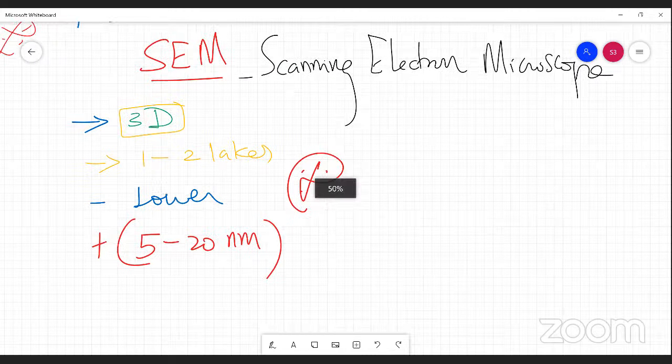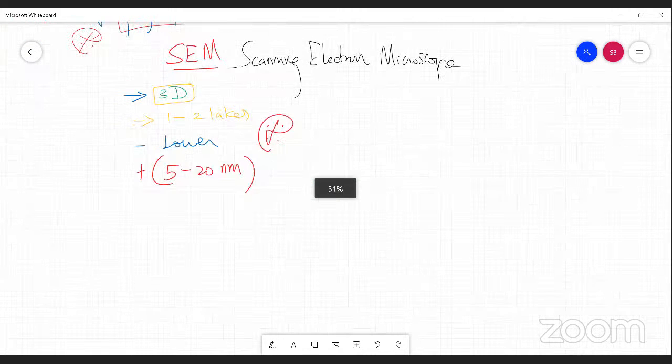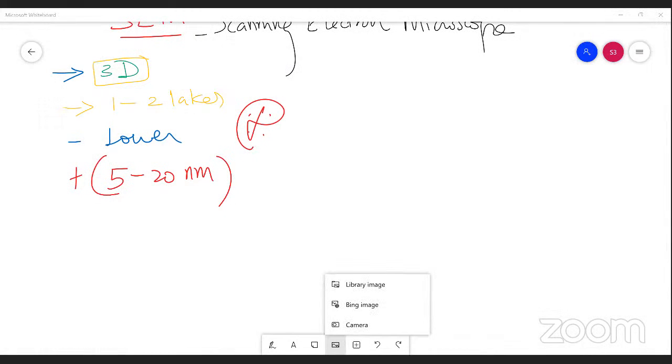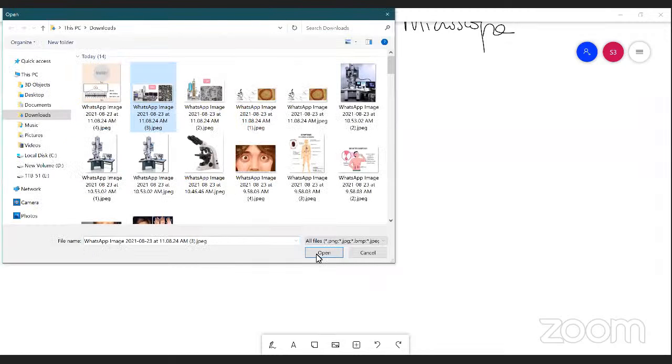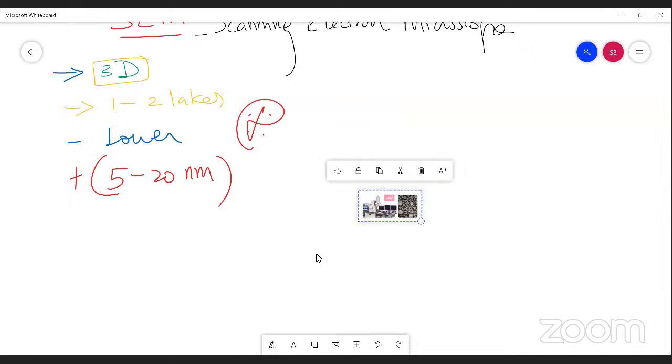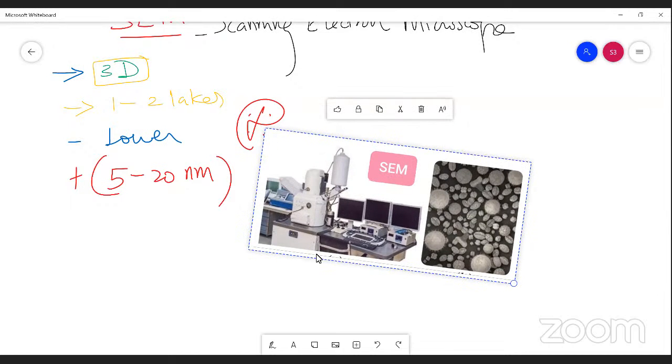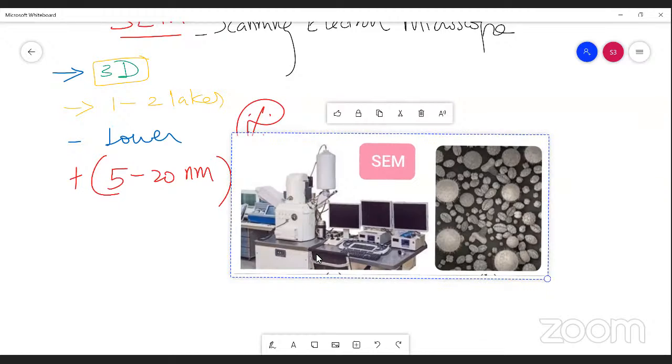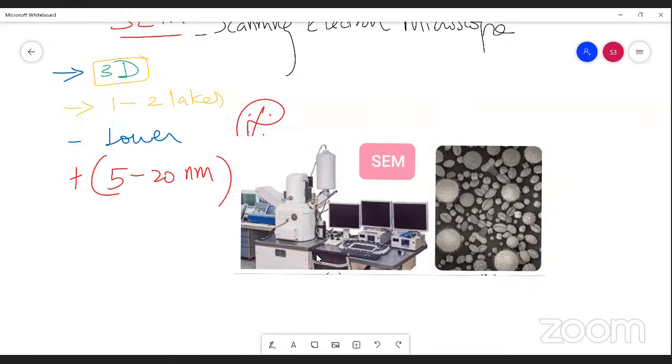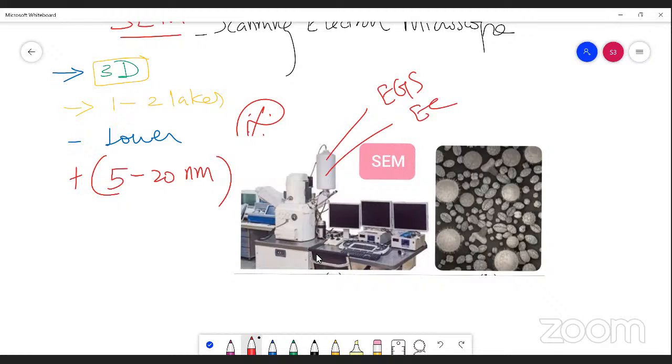My dear students, would you like to see the structure of the TEM microscope? Yes, sir. I have collected this for you. This is a microscope, like a machine. It consists of an electron generating system, EGS, and here you can see the electron condenser and an objective.